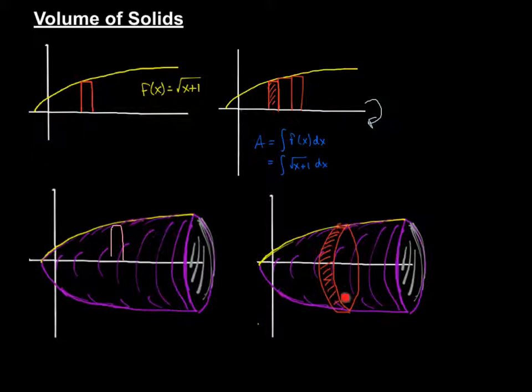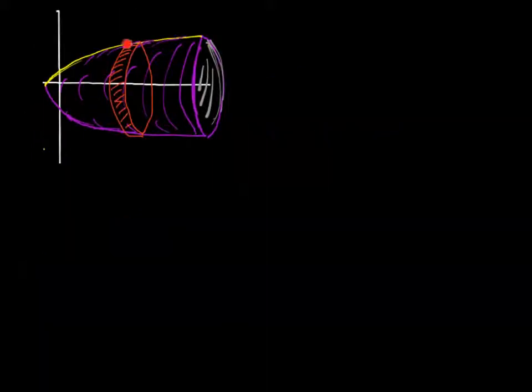Now let's pull this little chunk out and see if we can come up with the equation to find the volume of that shape. We have a round surface because we turn it around 360 degrees. We have a little bit of height, and a new disk. Okay, I want to find the volume.